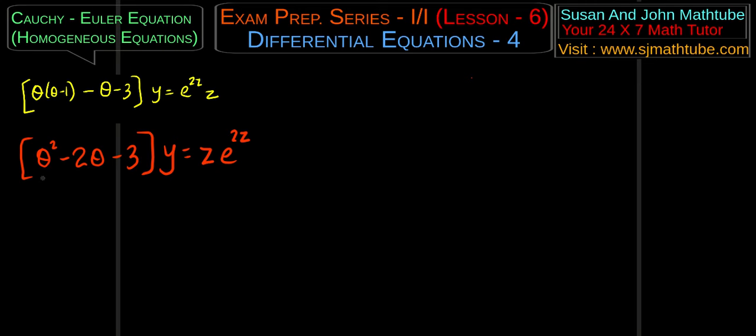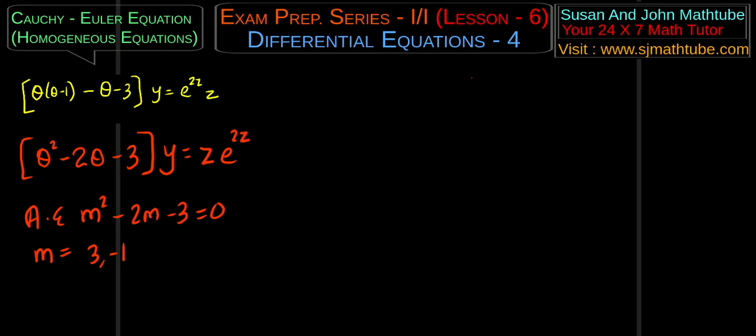So look at this, just imagine theta is our D, and instead of x we have z. So as always, auxiliary equation, m square minus 2m minus 3 equal to 0. Use a calculator, we get values for m, and that is 3 and minus 1.